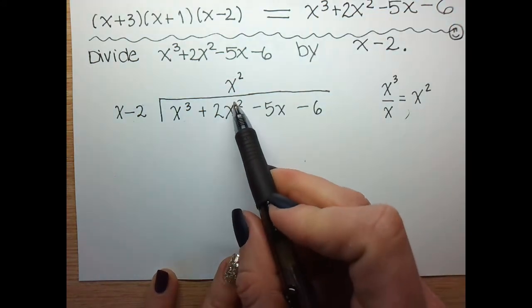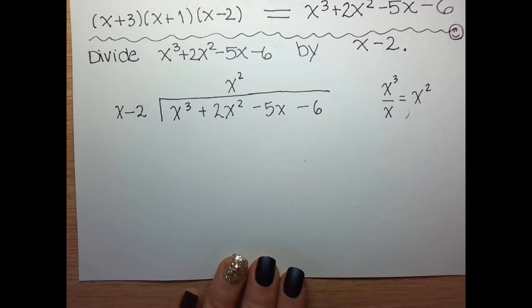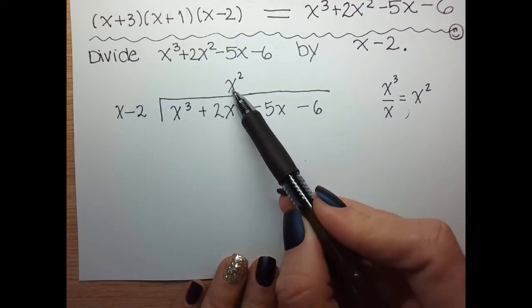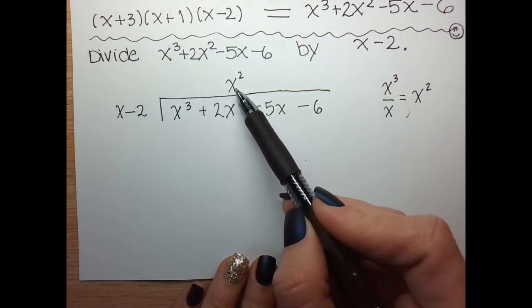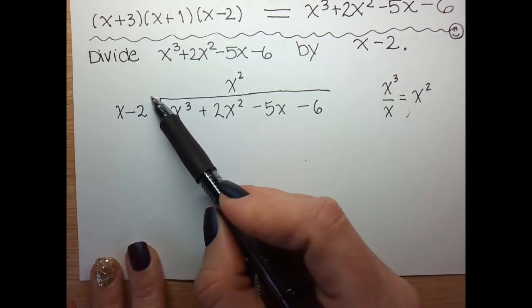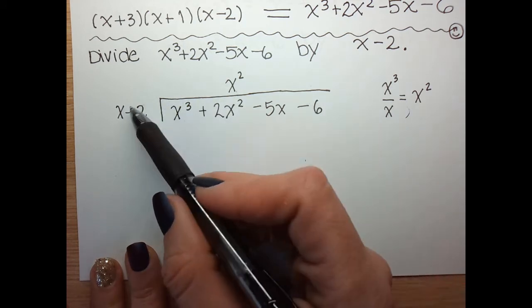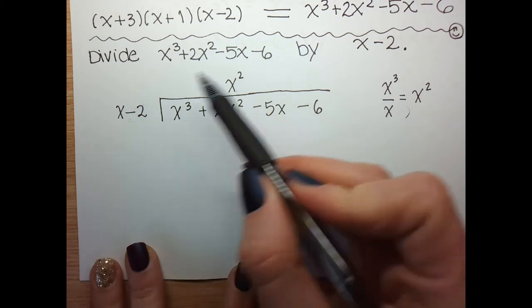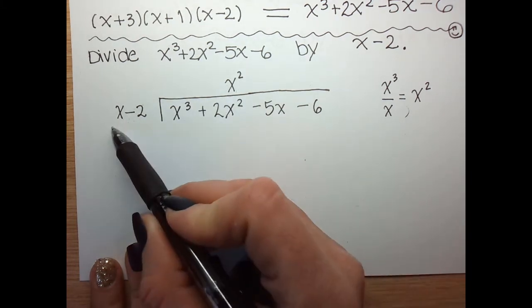What did you do next? Remember, it always comes back to the same fundamentals, so take your time with it, even if it seems awkward. What did you do next after you had something written up top? Multiply by the divisor. Sure, perfect. So x squared, I'm going to multiply by this divisor.